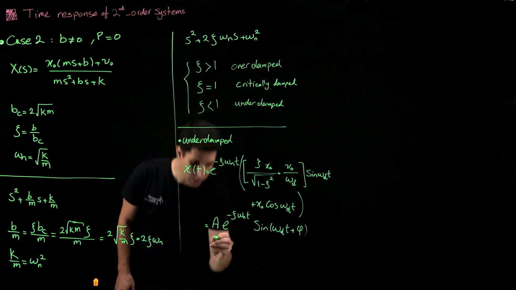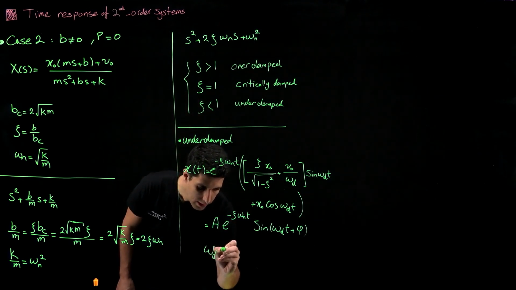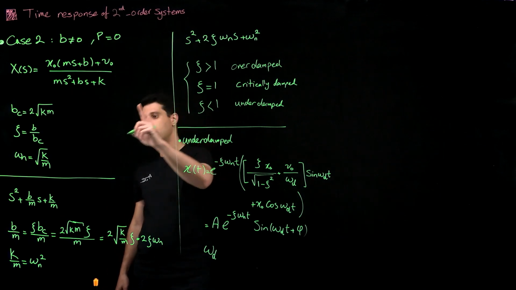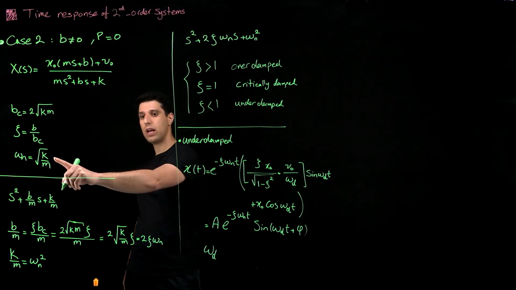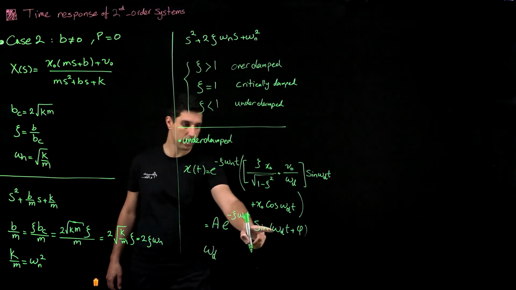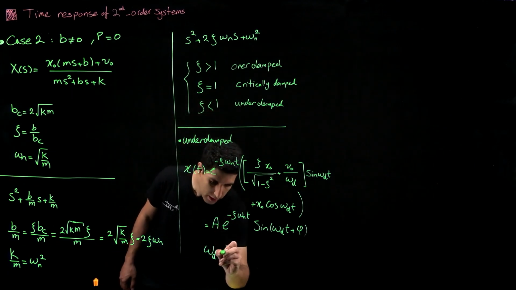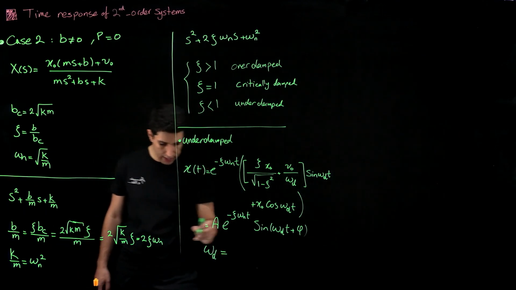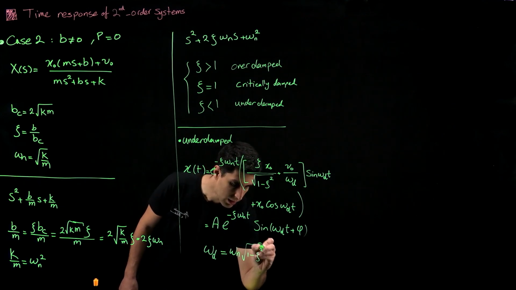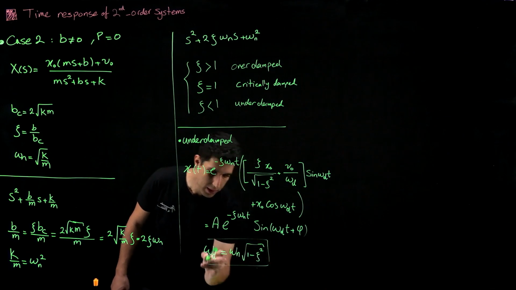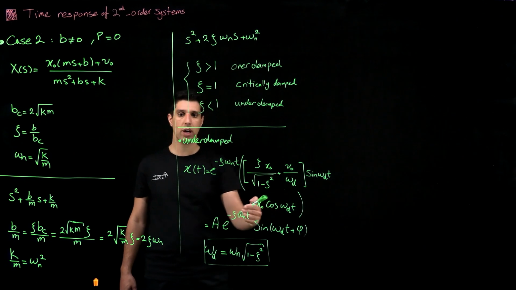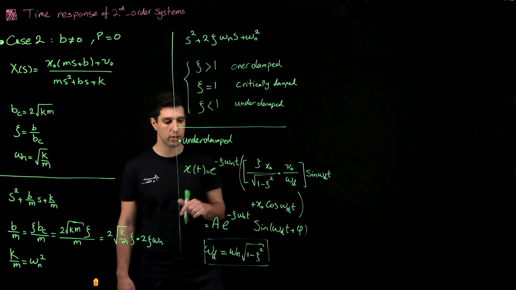And here omega d is what is called the damped frequency. Omega n is the undamped or natural frequency for the undamped system. Omega d, the oscillations will be different if we have damping, and that is omega n times the square root of 1 minus zeta squared. So remember this, that as we have damping, we will start to have slower and slower oscillations.